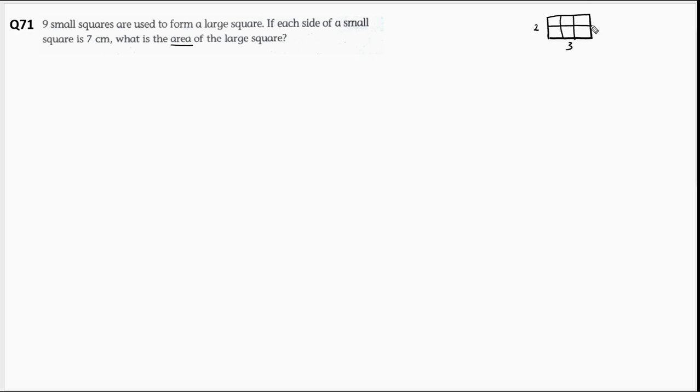And the way that I do this is to multiply the length, here 3, by the breadth, which is 2. So area equals length times breadth. In this case, it is 3 times 2, and if we say that these are centimeters, this gives me a value of 6 centimeters squared.